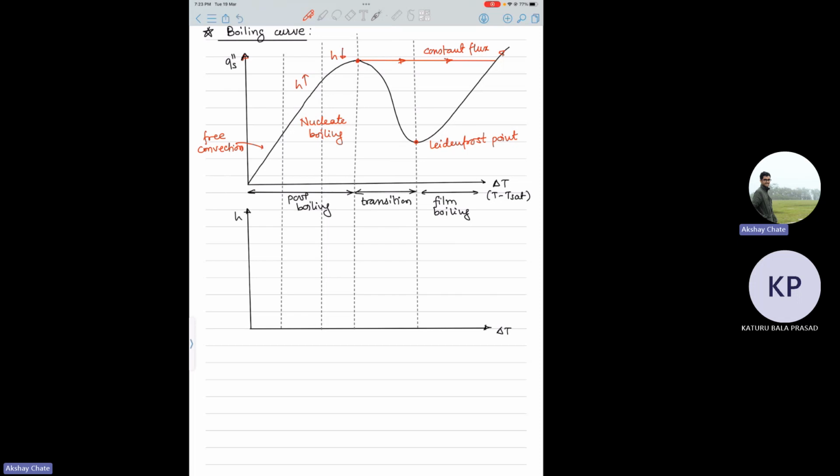So there will be a maxima here somewhere for your H. Initially H will increase like this. It will attain a maximum, which is not the maximum heat flux. And it will start decreasing, and it will again attain a minima at your Leidenfrost point, and then start increasing more or less linearly.